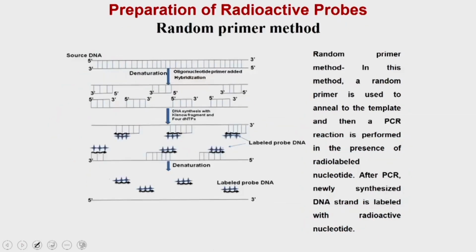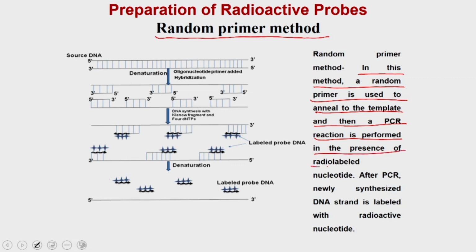There are two methods of preparing the radioactive probe. The first method is called the random primer method. In the random primer method, a random primer is used to anneal to the template, and then a PCR reaction is performed in the presence of radio labeled nucleotides.